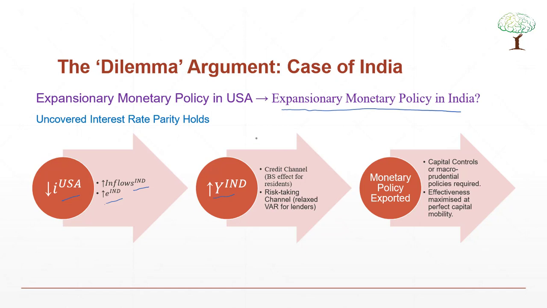So what does this mean? This means that we did not do anything. Did the central bank in India buy or sell government securities? No, it did not do that.